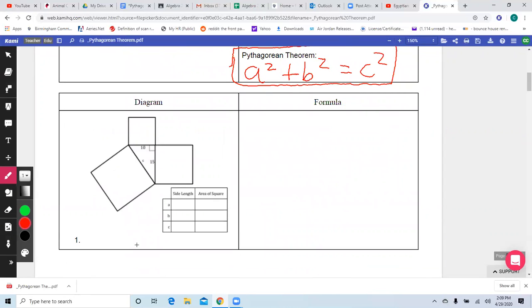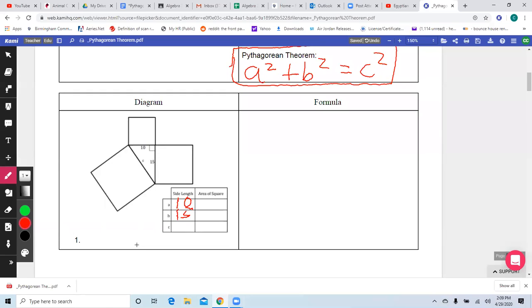So here, they give me 2 of my side lengths, but they do not give me what C is. But I do know that one of my side lengths is 10, and my other is 15. Okay.